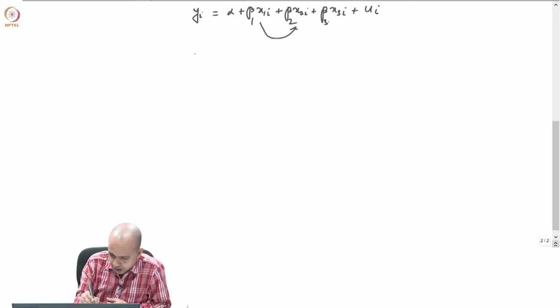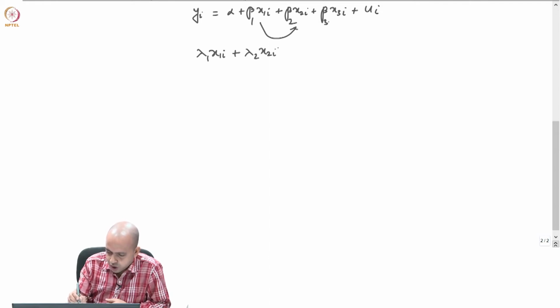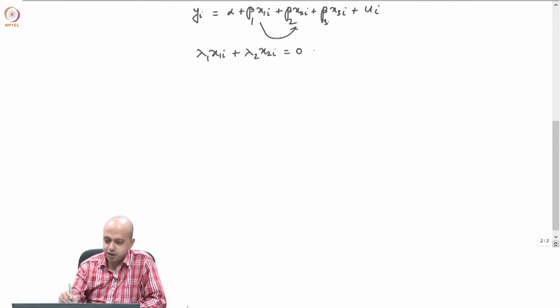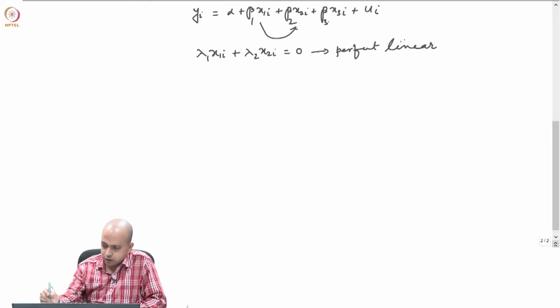Then the idea here is lambda 1 x1i plus lambda 2 x2i equals 0. This is called a perfect linear relationship.